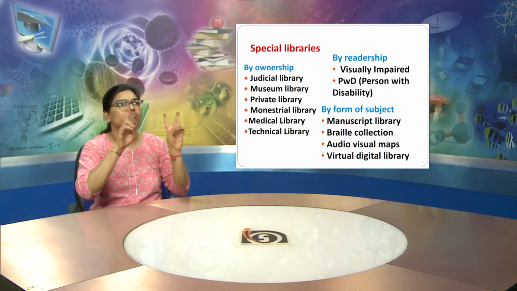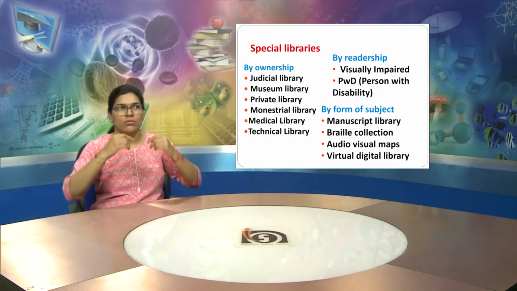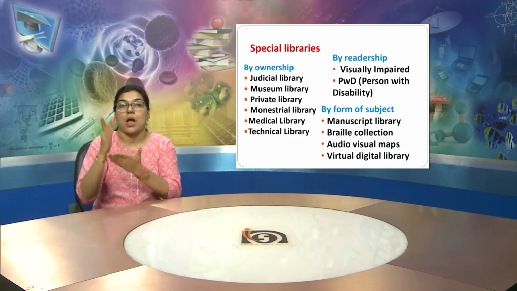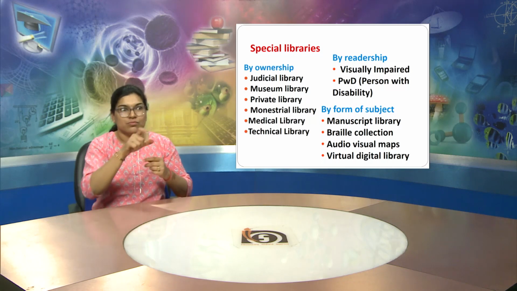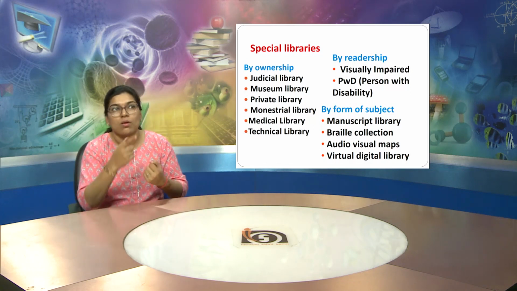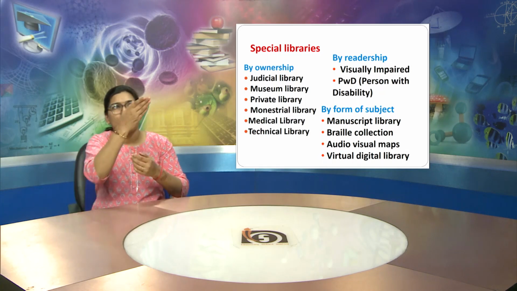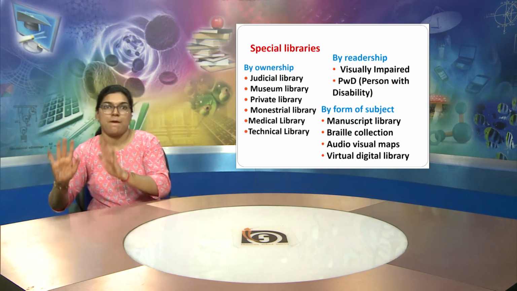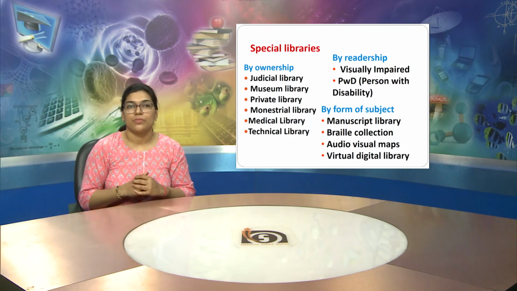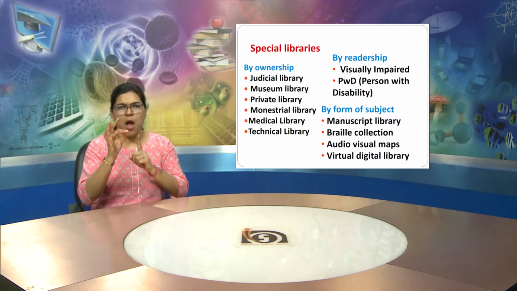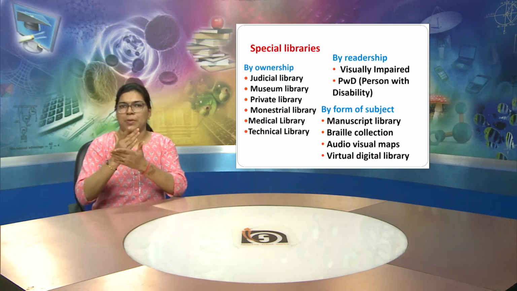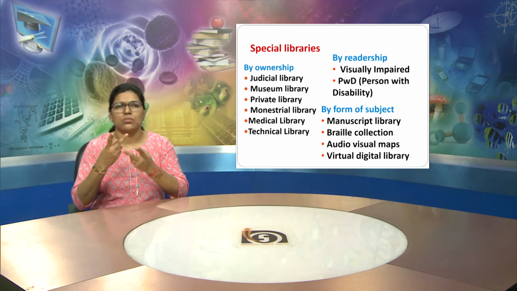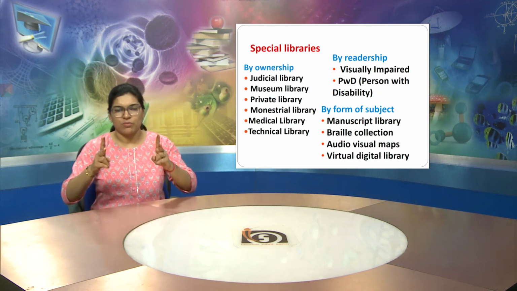In the museum library, we can see all the historical information in the books. Who was a king, at what time, when his kingdom started, and how many years he lived. All this information can be received from the museum library. And also sometimes there are private libraries. The fourth type of library which comes under ownership is the monasterial library.